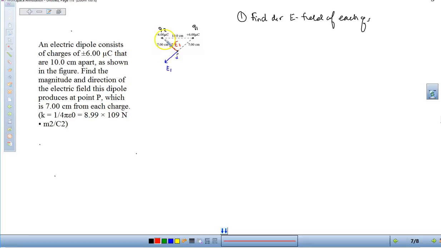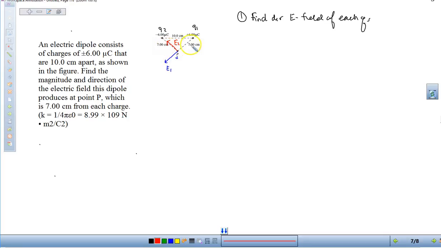Now, these are the same values, so technically they should be the same length. Let me be a little more official. They're also the same distance apart, too. That's E2. Looking at these, what we're trying to figure out is the net field. I know a little symmetry about this problem.